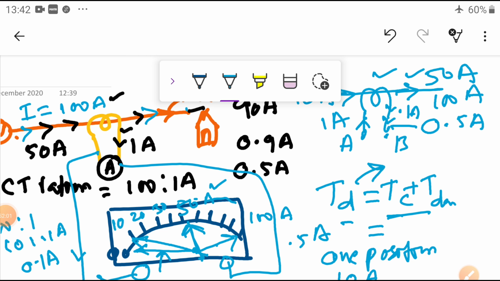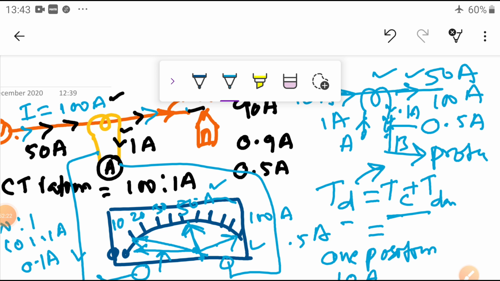Dear students, please understand this operation. How simple it is. These instruments are used in our electrical field for measuring purposes. The same value is given to our protection also.